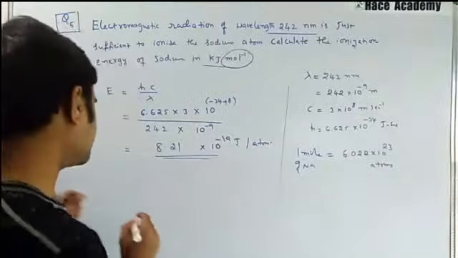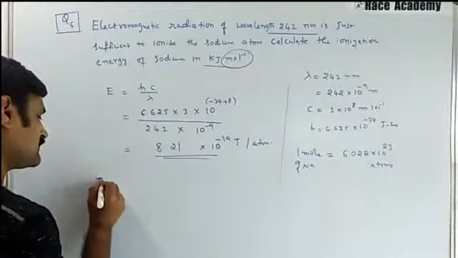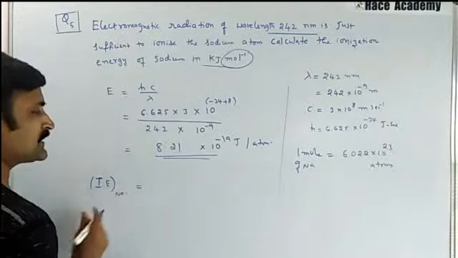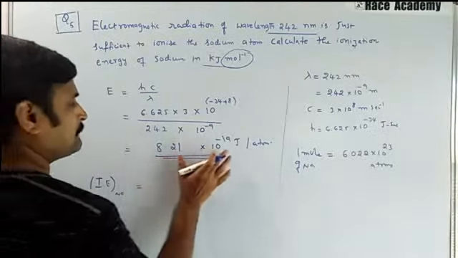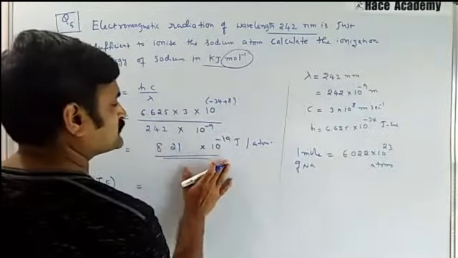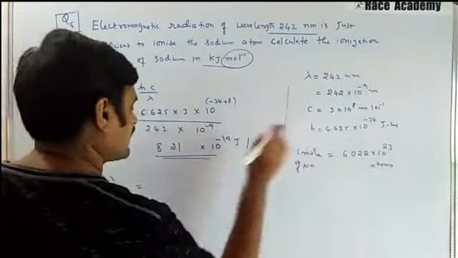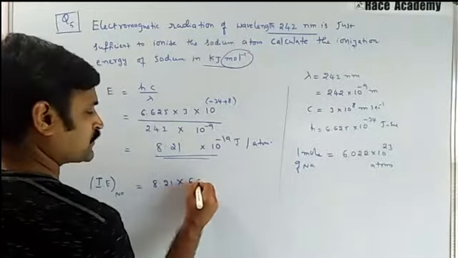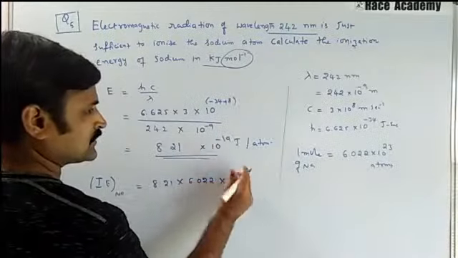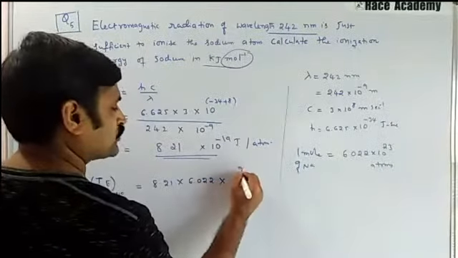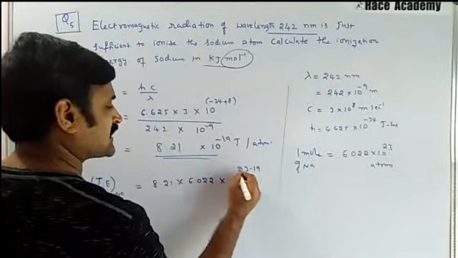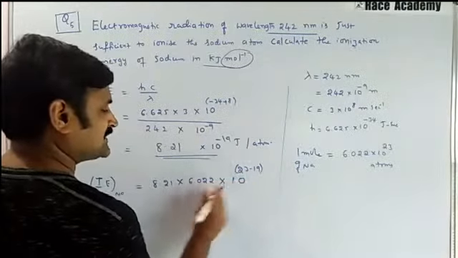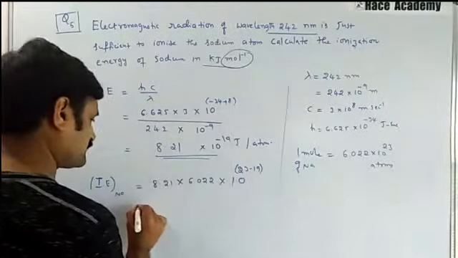To find the ionization energy of sodium in kilojoules per mole, we calculate by multiplying the one sodium atom energy value in joules with the Avogadro number. That is 8.21 into 6.022 into 10 power 23 minus 19, which is 10 power 4.